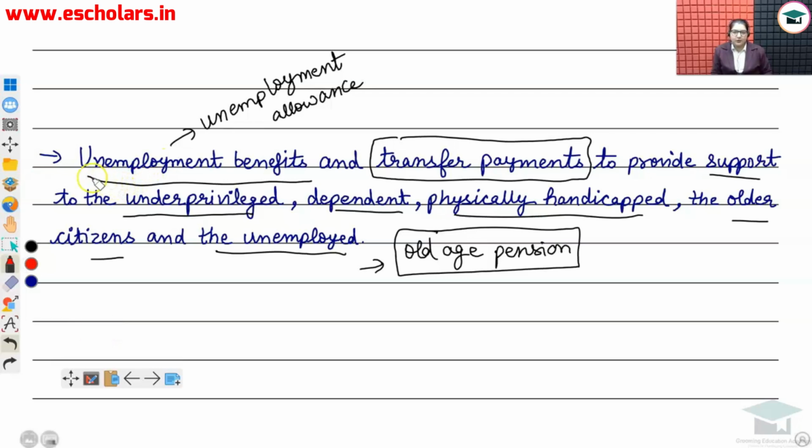So let's recall it: unemployment benefits and transfer payments provide support to the underprivileged, dependent, physically handicapped, the older citizens and the unemployed.